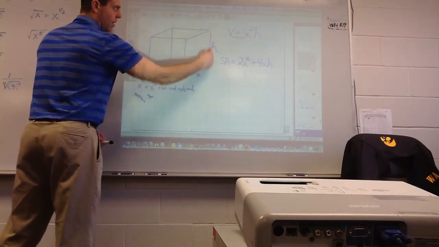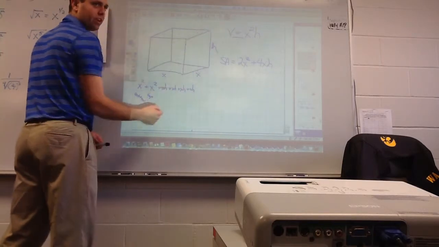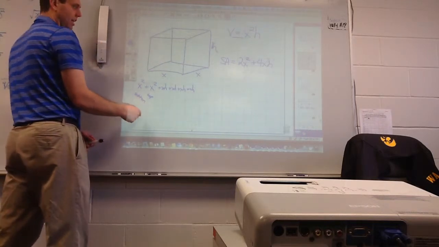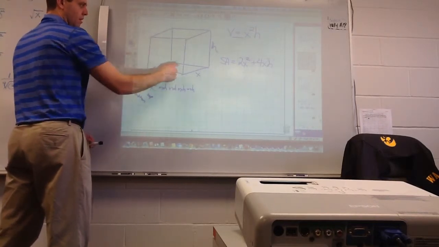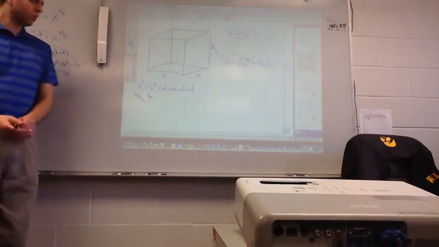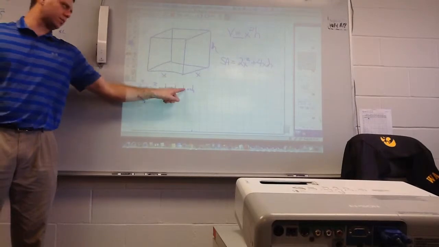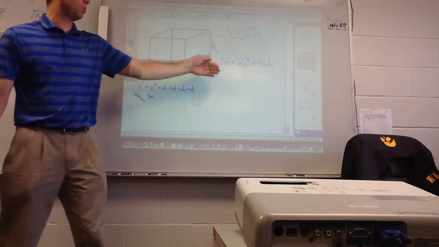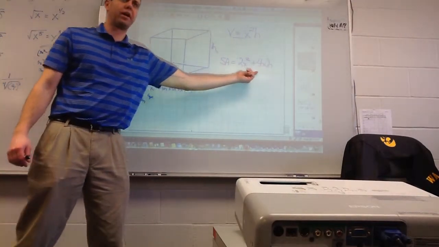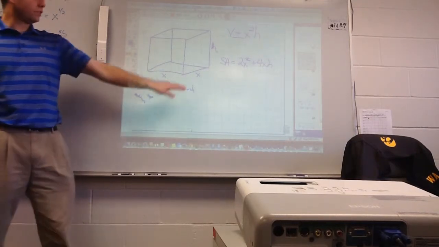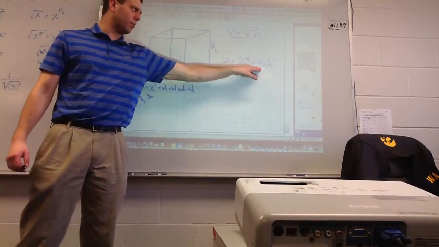The area of this side is x times h, or xh. How about the other side? xh. How about the front and the back? So x squared plus x squared plus xh plus xh plus xh plus xh, or really 2x squared plus 4xh. So the surface area of the box would be 2x squared plus 4xh.